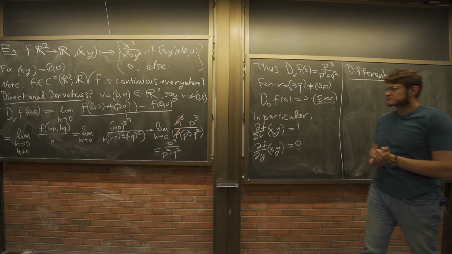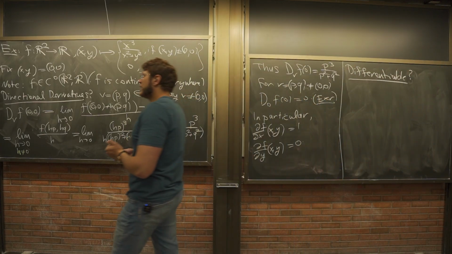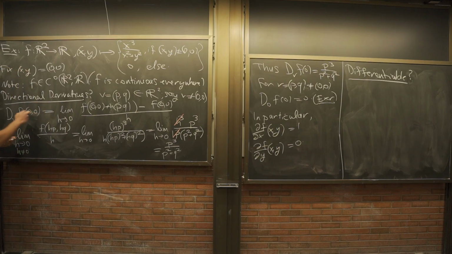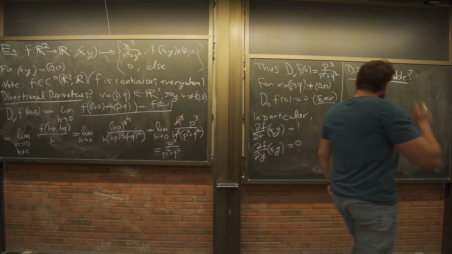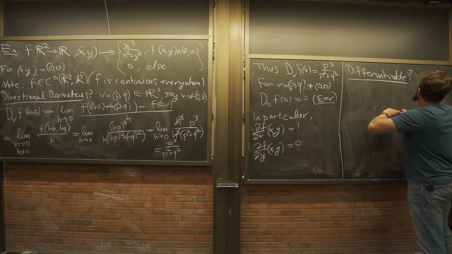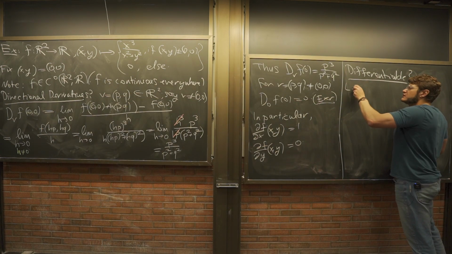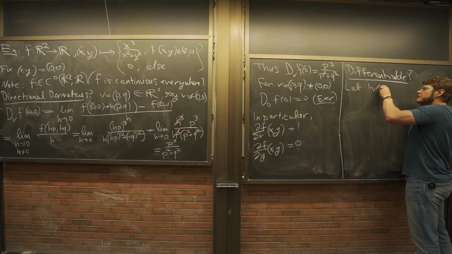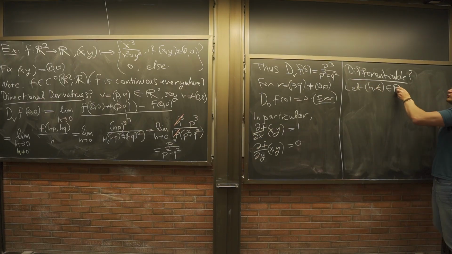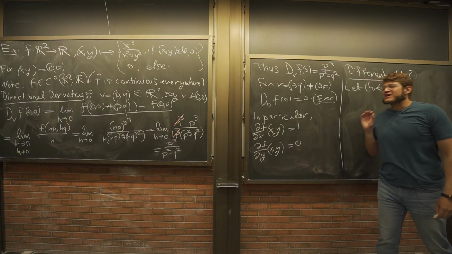Is it differentiable? Well, I'm going back to this idea of starting at the origin, perturbing it just a little bit, and trying to get linear response. That's how we did it. So let's say hk in R2. Again, this is not the 0 vector, but you should think of it as a very small vector.